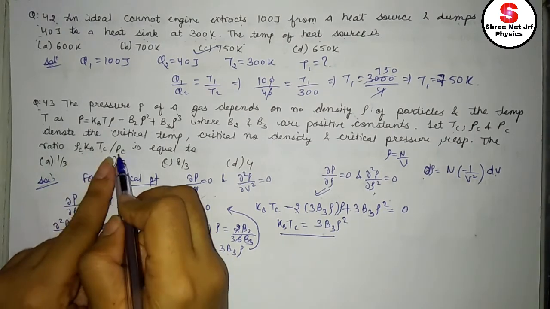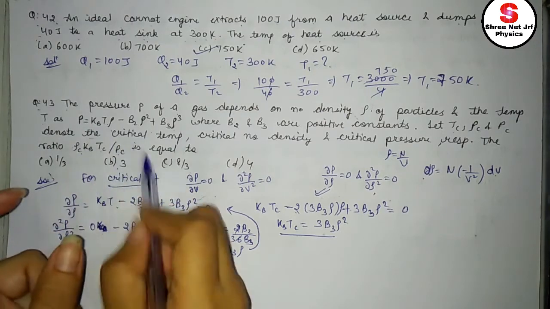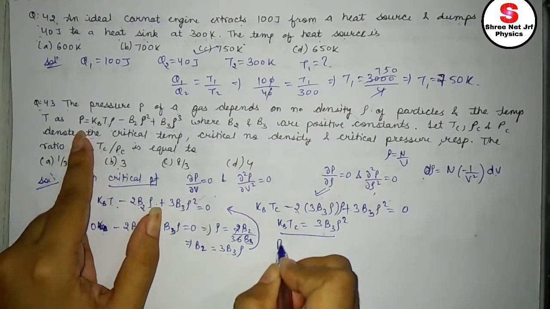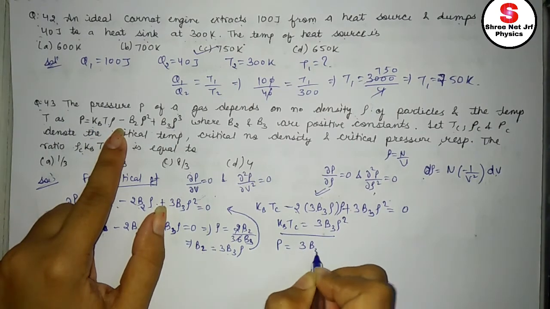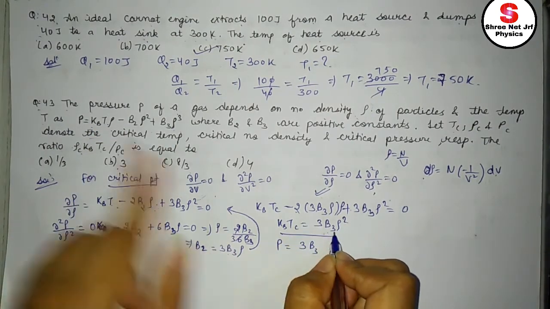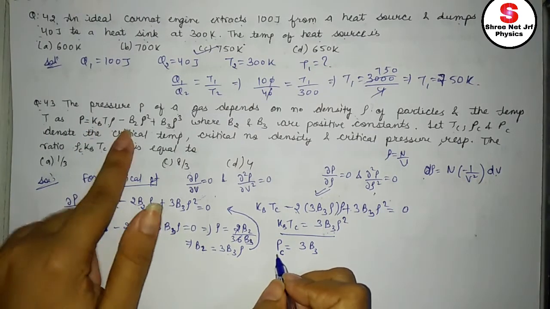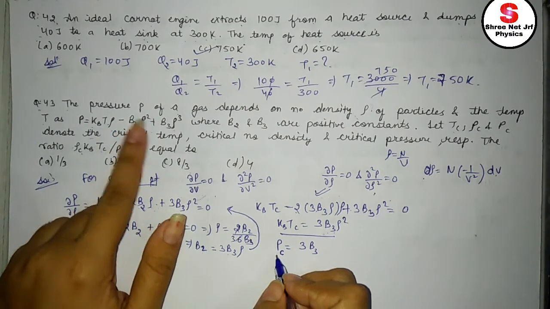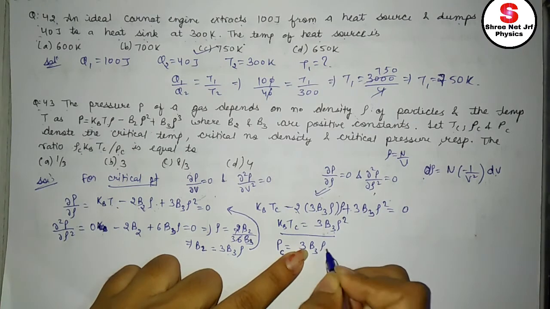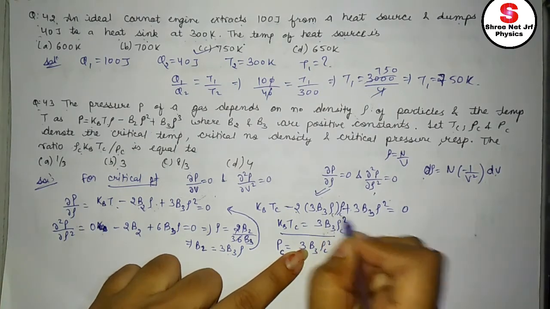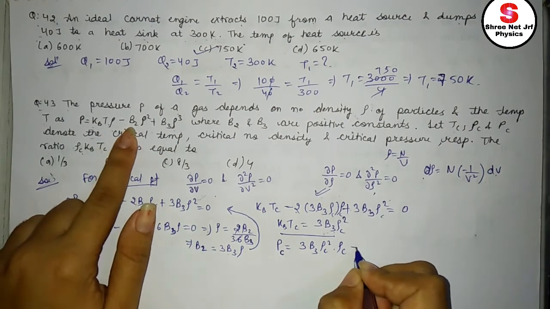Now I can find Pc using this equation. I need to find this whole term. So how will I write P? P equals KB Tc into ρ, that means 3 B3 ρc square, substituting this value, I am writing Pc, critical pressure, so all the parameters, temperature and number density, will be critical. Then it is multiplied by ρ, that means ρc, minus B2.